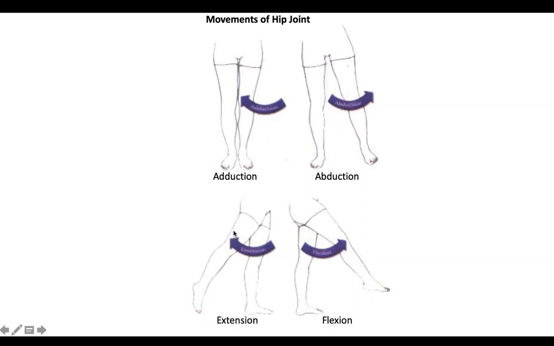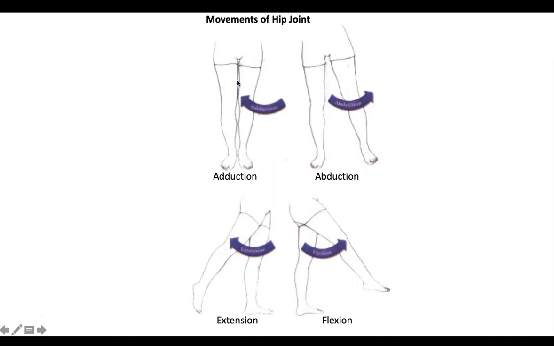Extension occurs mainly by the muscles of the posterior compartment of the thigh, the hamstring muscles. The hamstring muscles are the extensors. Also, the gluteus maximus is an extensor of the thigh.